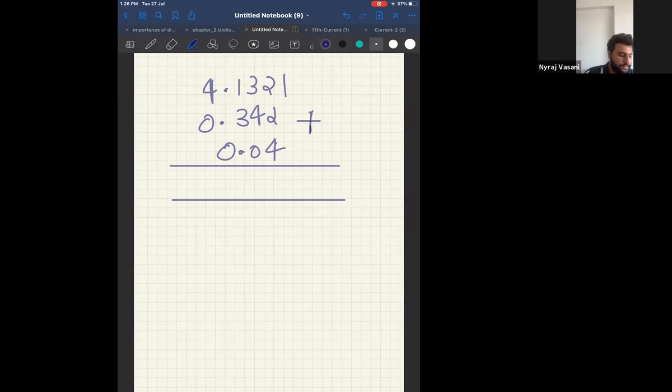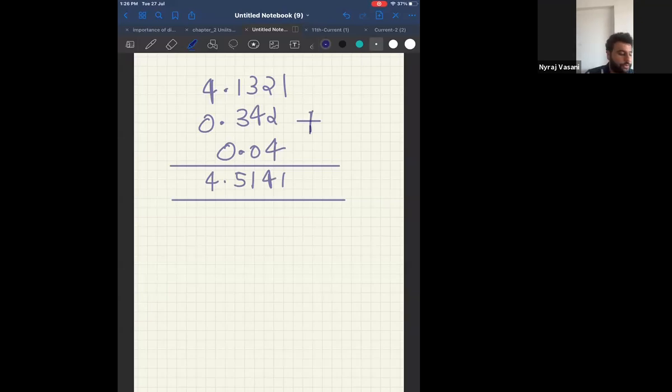Okay, now what is the answer for this? The actual answer, I'm directly reading it from the module, okay? If you're getting some different answer, let me know. The answer is 4.5141.